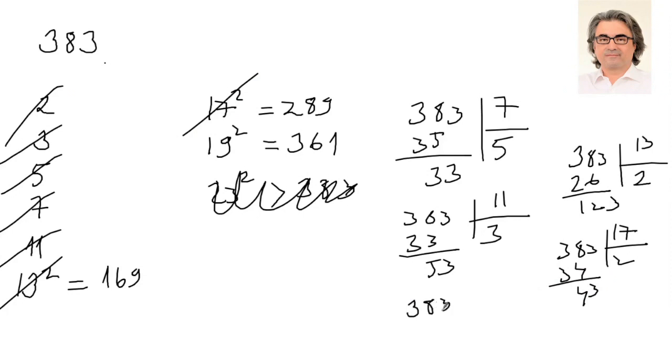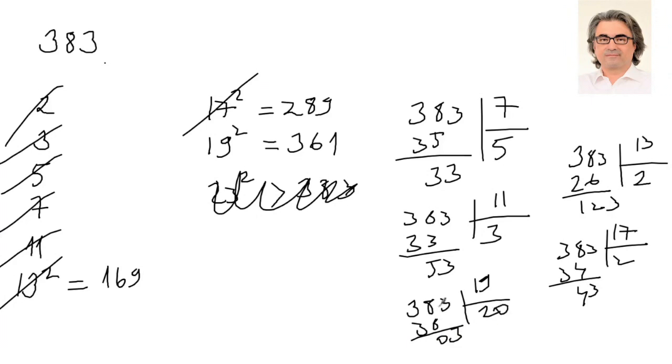If this number is not divisible by 19, then 383 is not divisible by all these numbers, and it's prime. 38, 0, 3, 0.